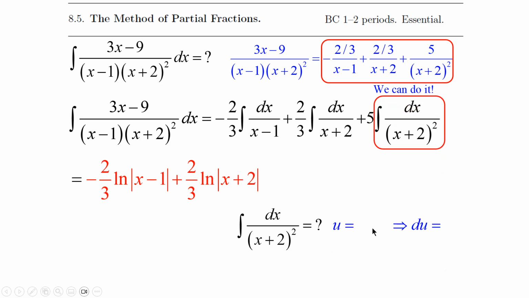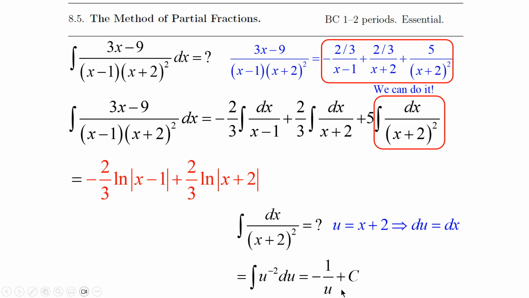So u is going to be x plus 2, making the differential of u the differential of x. Looking at this part, we have u to the negative 2 and my differential of u. That's going to be u to the negative 1 over negative 1, which I'm going to write as negative 1 over u, plus c.